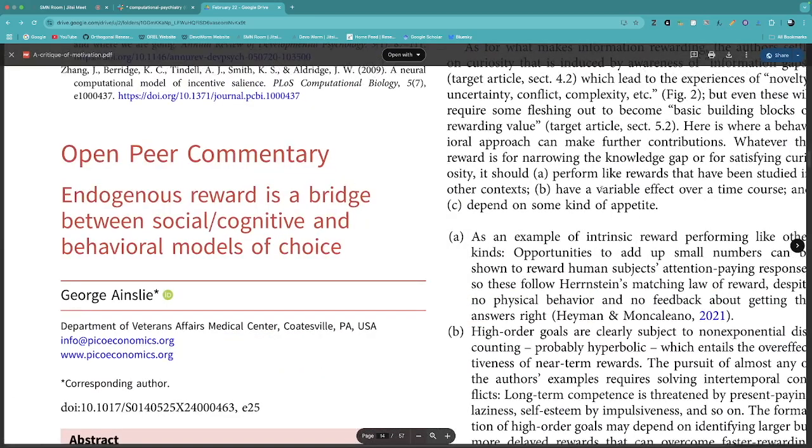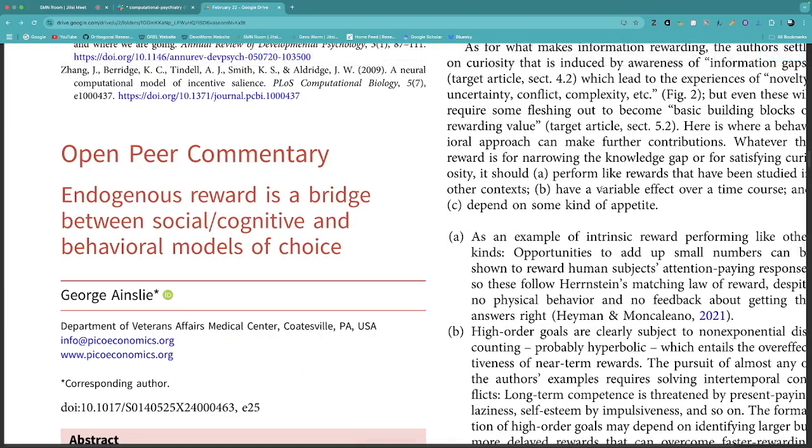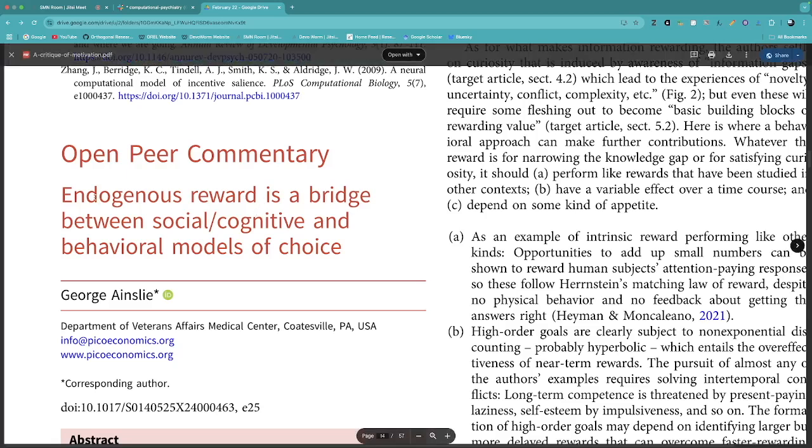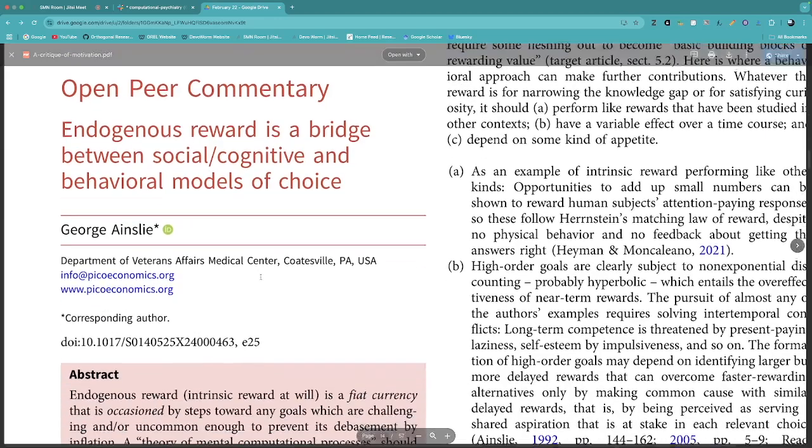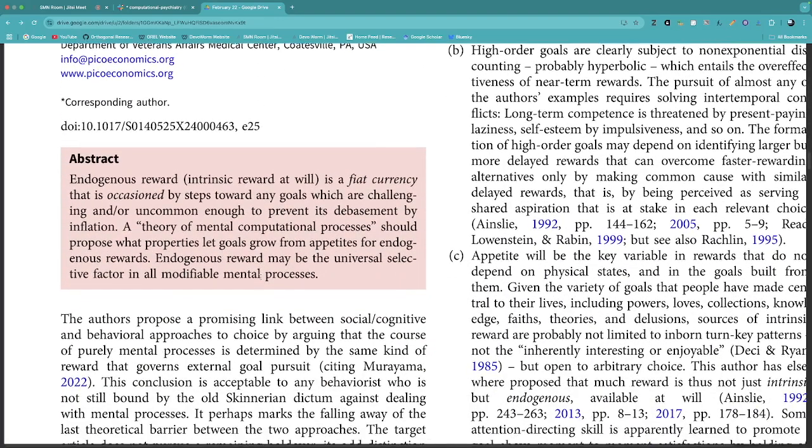So I want to go down to the open peer commentary because there are some interesting things here. Oftentimes these commentaries can add a lot to the original article. This one is called Endogenous Rewards, a Bridge Between Social, Cognitive, and Behavioral Models of Choice, where they talk about intrinsic reward at will, or endogenous reward, which is a fiat currency that is occasioned by steps towards any goals that are challenging and are common enough to prevent its debasement by inflation.